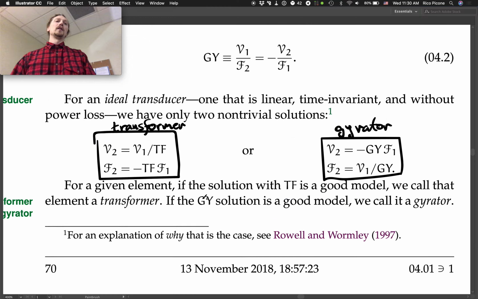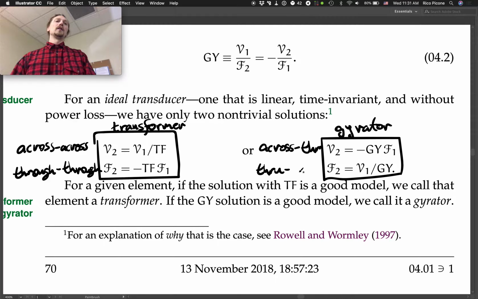Looking at our two models, the transformer model goes across to across and through to through, and the gyrator goes across to through and through to across, right?